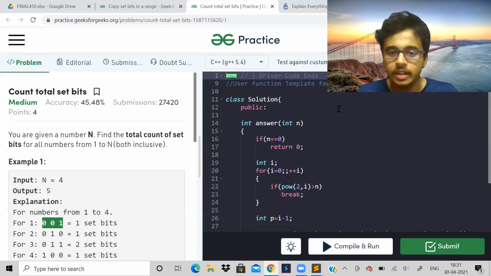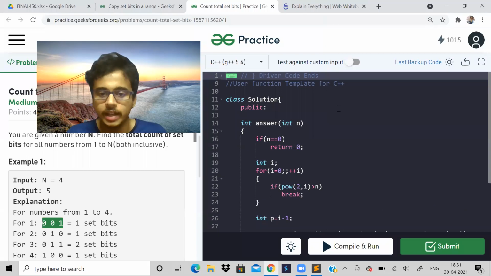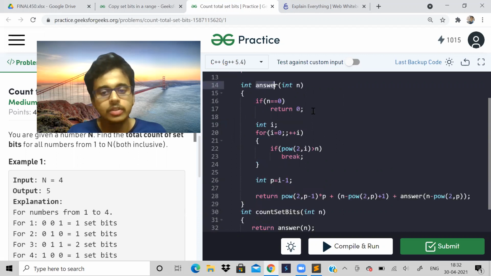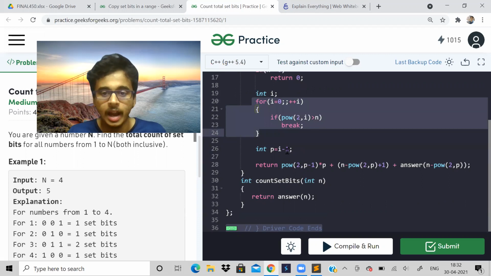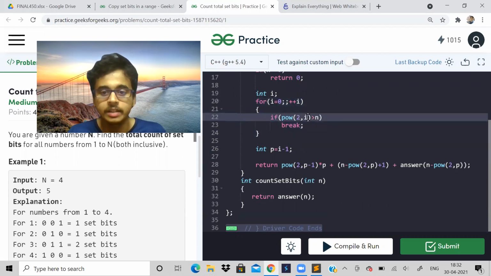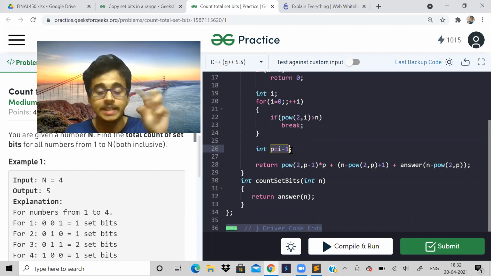The code is over here. If you understood the logic, coding is easy. Basically, I've taken a function called answer. If n is equal to 0, base case, I'll return 0. Now I am checking for the highest power of 2 which is less than the number n. Whenever this condition is true, I will break out, and over here I will get the highest power of 2, the power, which is less than the number n.